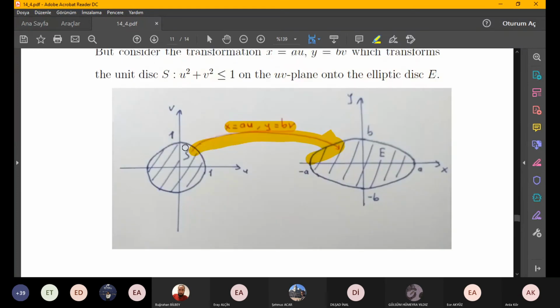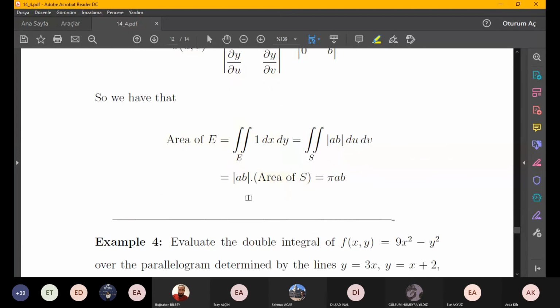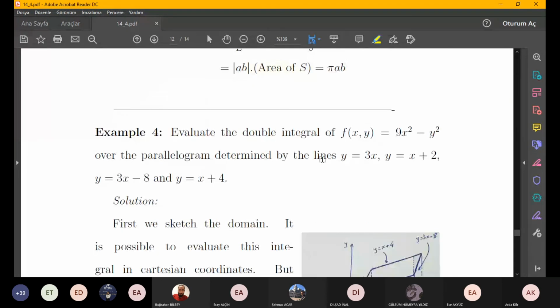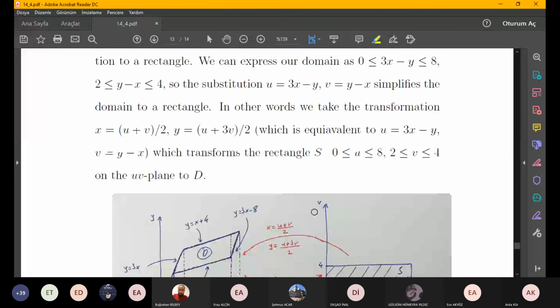Since S is a unit disk, its area is pi times 1 squared, which is pi. So that is why the area of that ellipse is equal to pi times a times b. So I guess this is the last example. Yes, okay.